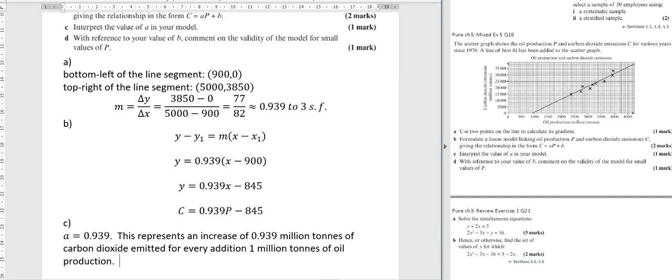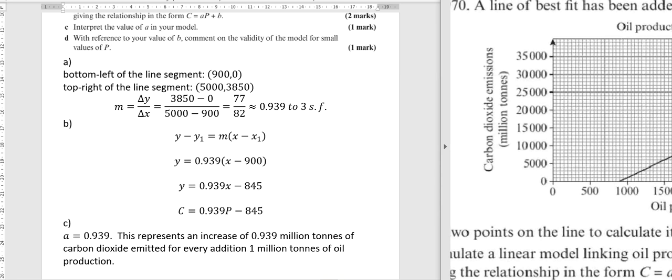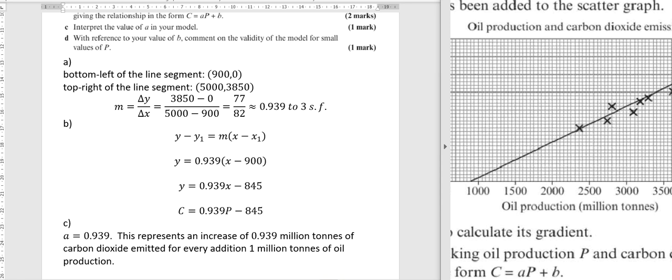So take care to notice the units. The million tons is given on the graph, carbon dioxide emissions in million tons and oil production in million tons, so we need to make use of that. But an increase of 1 in the x direction, or the oil production direction, gives an increase of 0.939 in the y direction, or the carbon dioxide emissions direction.